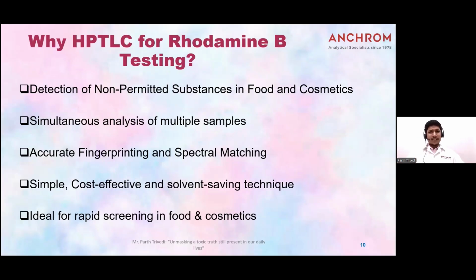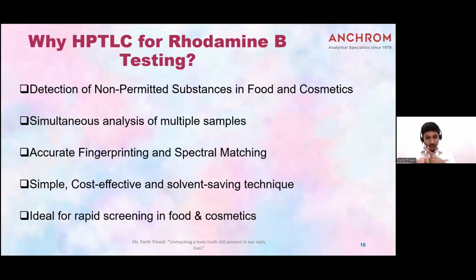So why HPTLC for this kind of testing? HPTLC is one of the most efficient tools for detecting banned substances like rhodamine B in food and cosmetics. It allows detection of non-permitted dye with high precision.